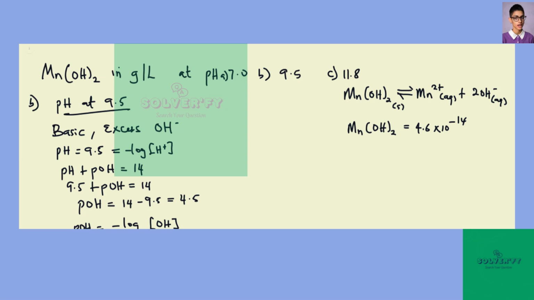So concentration of OH will be equals to the antilog of the minus 4.5. And that will give us 3.16 times 10 raised to the power minus 5 molar. So that is the concentration of the hydroxide ion.